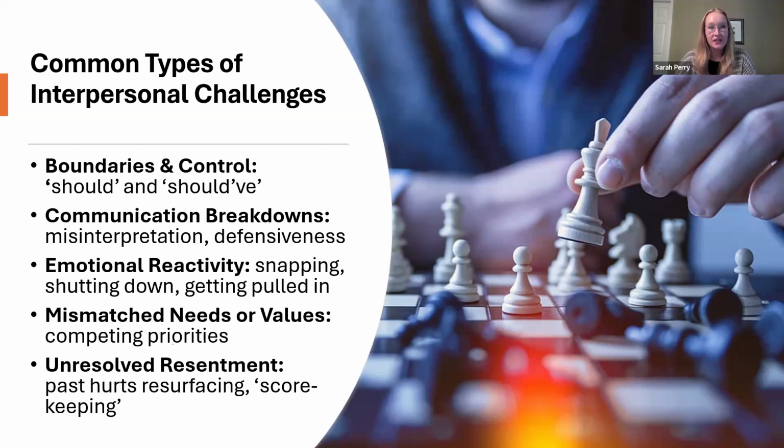And then emotional reactivity. So that can be where you feel like someone makes a critical comment about you and you just immediately snap back with sarcasm or with a hurtful comment and response, and you're not even thinking, you just have this immediate response. Or the opposite, you kind of really shut down and you don't say anything, you get really quiet, and then you don't feel like yourself when you're doing that either.